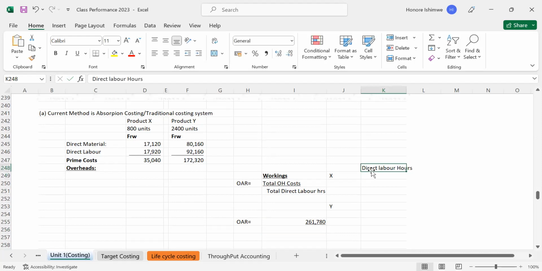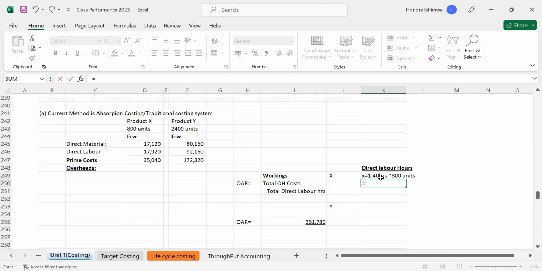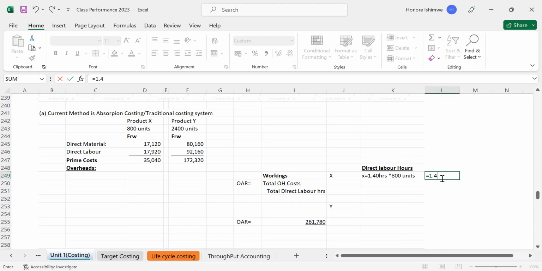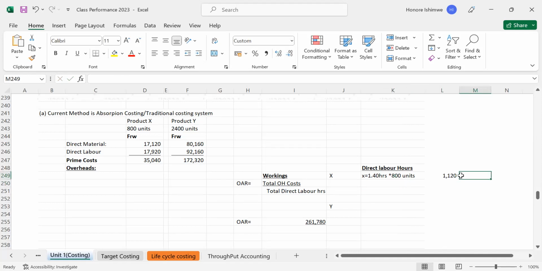For X, please follow, I'm going to use 1.40 hours, then multiply it by 800 units. So I'm going to have the total hours that they will need.